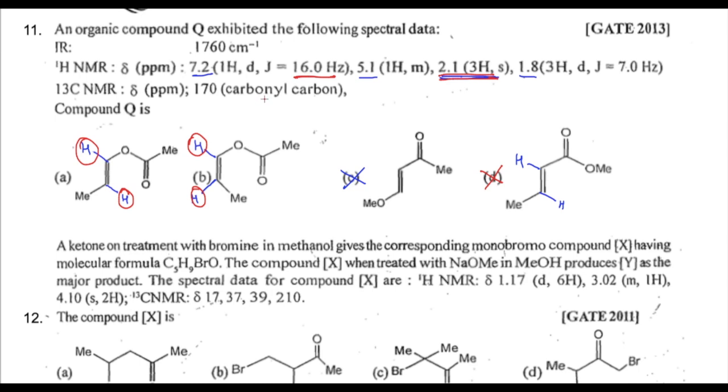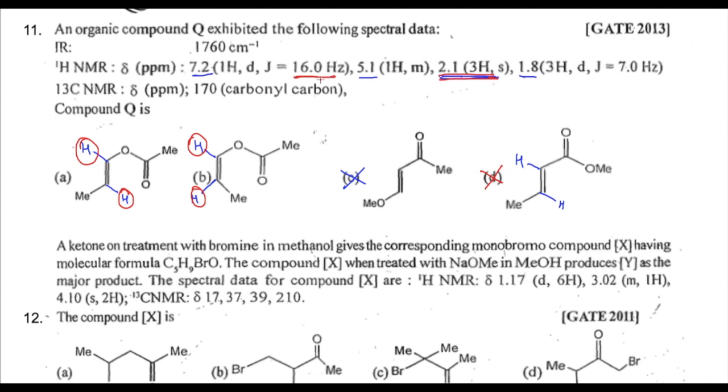The other thing is the chemical shift of this particular hydrogen, one hydrogen, and its multiplicity is a multiplet, right? It is giving a signal at 5.1. That means this particular hydrogen is again a trans one, so it is in the chemical environment of this methyl group. Basically the best way to understand cis and trans is on the basis of J coupling.